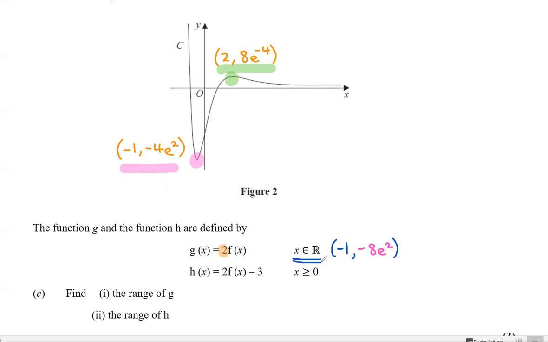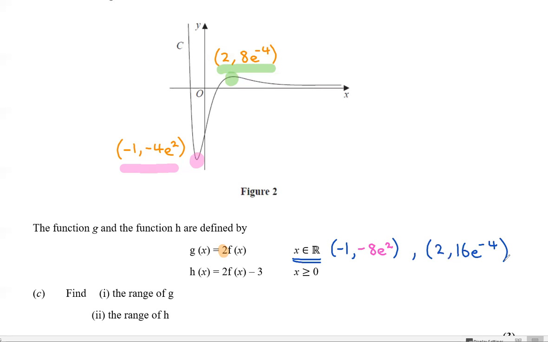So I'm going to have to also state the other stationary point. So that's going to be at 2. And again, we double in the y direction. So that's going to be 16e to the -4.